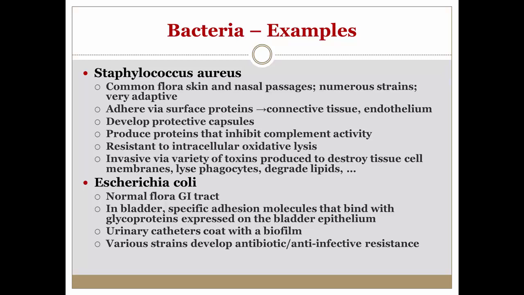And we also know that it's also part of the microbiome in many other warm-blooded animals and in their GI tracts. In the bladder, E. coli has specific adhesion molecules that bind with the glycoproteins that are actually expressed on the bladder epithelium.